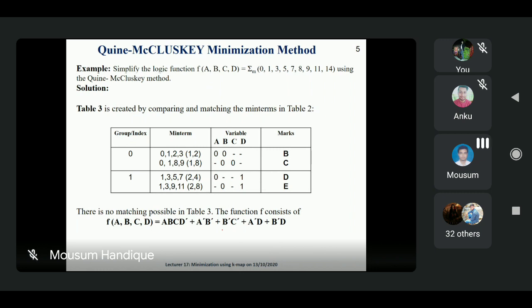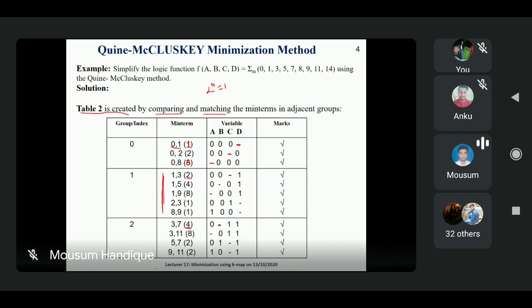Now what happened? Suppose again the same procedure we are applying. When we are comparing 0, 1, 1, 3, see here, this one is 0, this one is 0, but this one is different and this one is different. So we cannot consider 0, 1, 3. Are you getting my point?